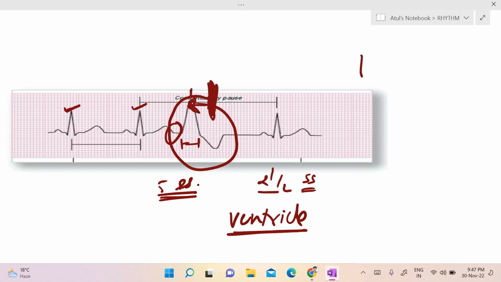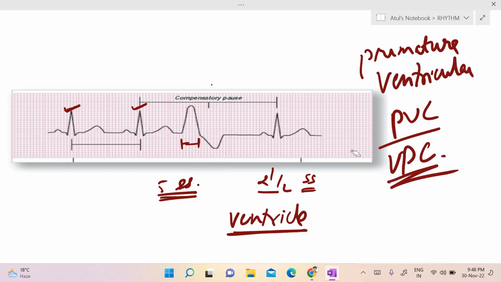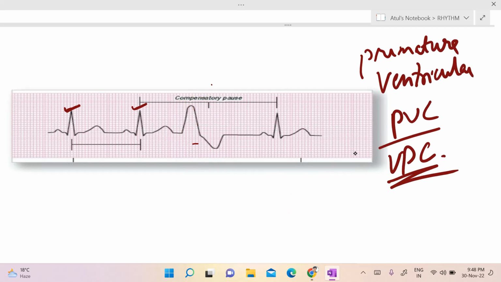So this is a premature complex originating from the ventricle. So it is a premature ventricular complex, PVC, or we can say VPCs, ventricular premature complexes. This is a bizarre shaped complex. You can easily identify these types of complexes on ECGs.